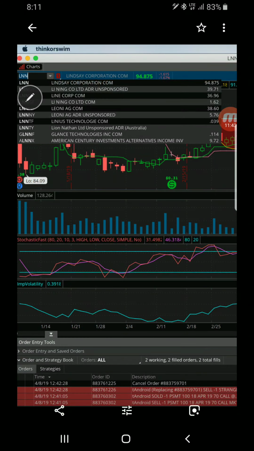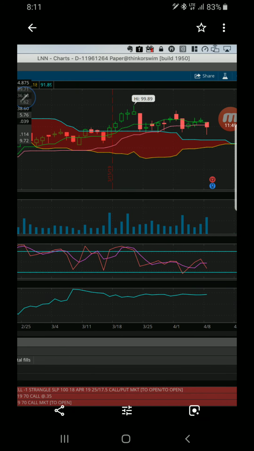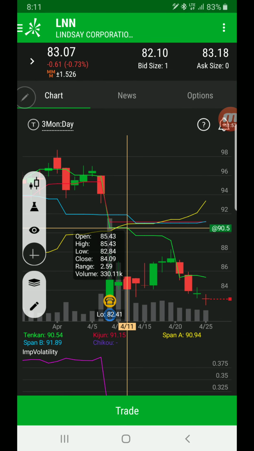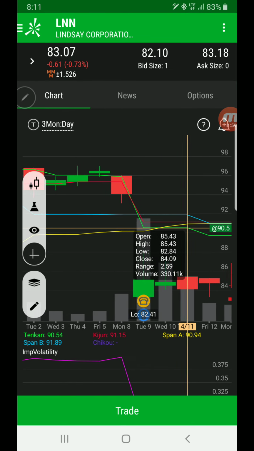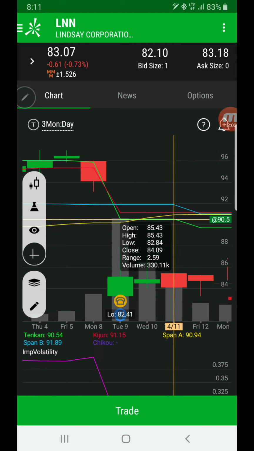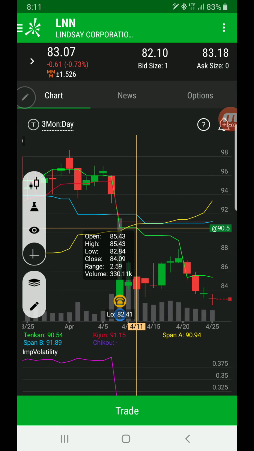So LNN $94. Not a consistent bullish read on the Ichimoku. And yeah, they plummeted hard. Wow. Plummeted very hard. So you would have had those shares put on you. Would have gotten a slight bounce.